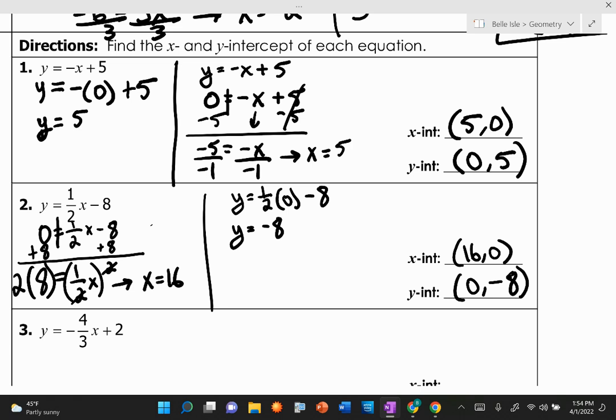If you have negative x, you should divide by negative. And then for the y, why are they like great?